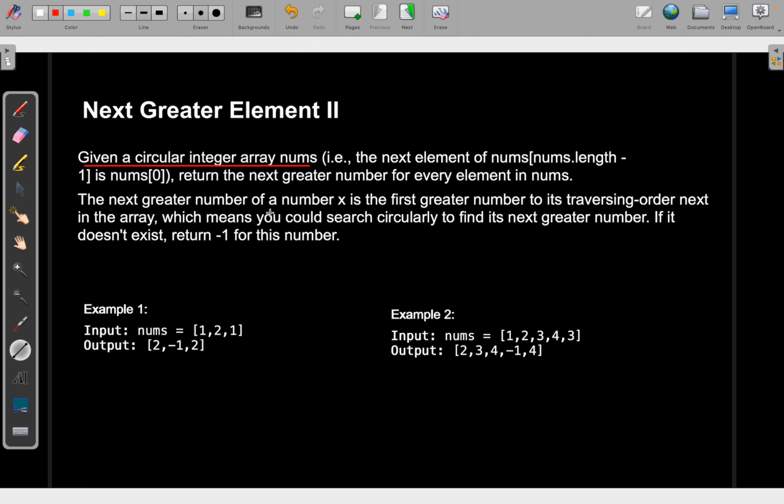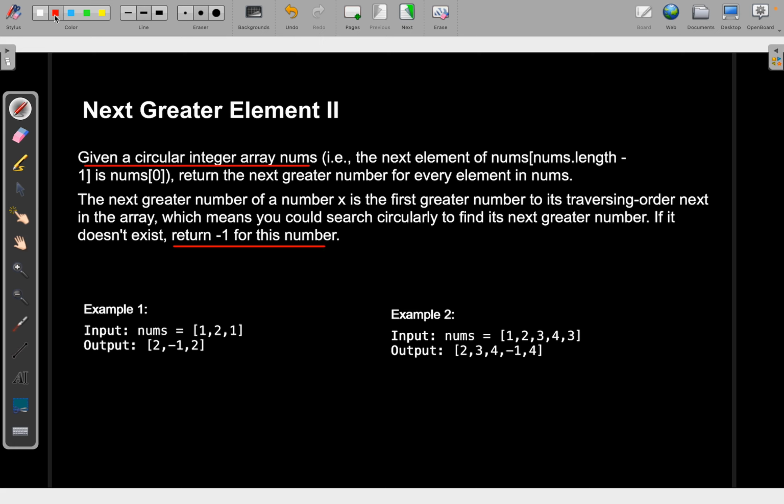The next greater number of a number x is the first greater number in its traversing order, which means you can search circularly to find its next greater number. If it does not exist, return -1 for this number.